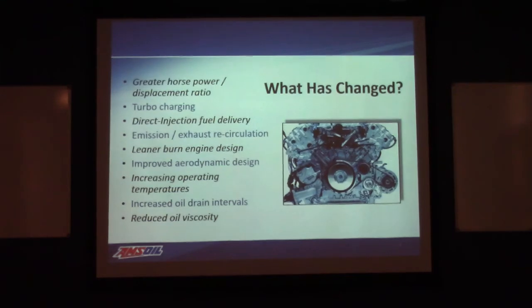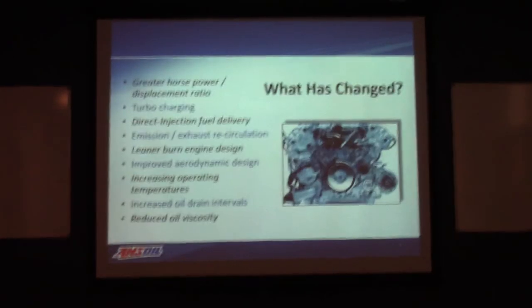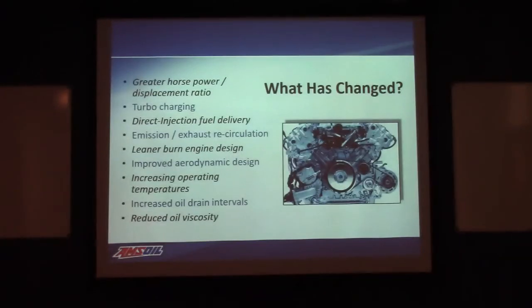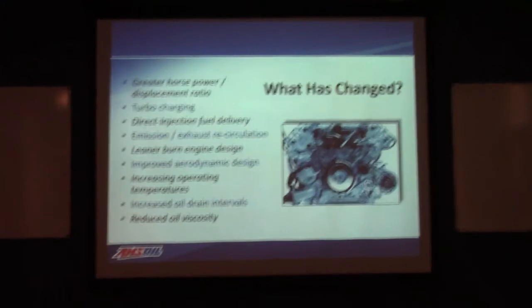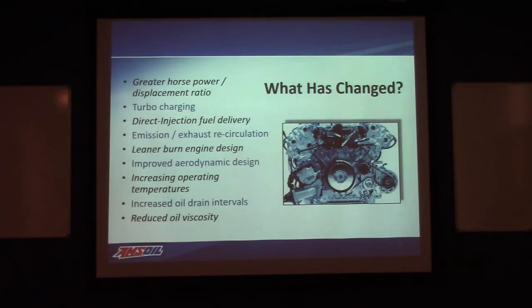And sometimes that change is 5, 6, 10, 12,000 miles down the road. So not only are we exposing that oil to higher temperatures, higher loads, more contamination, we're saying you have to meet all of these issues, and you have to be able to remain in service for significantly longer than you ever did before.